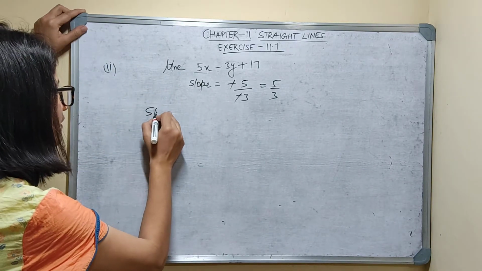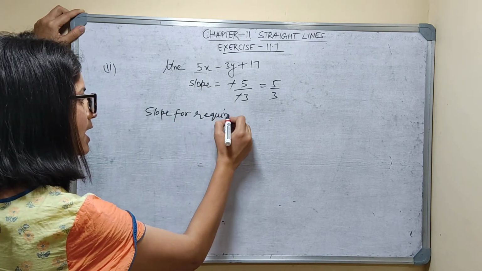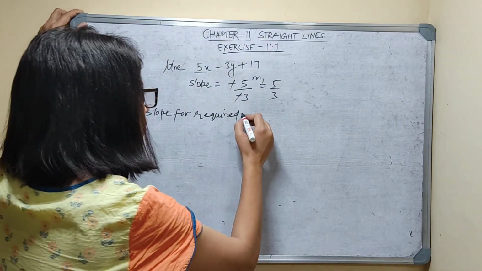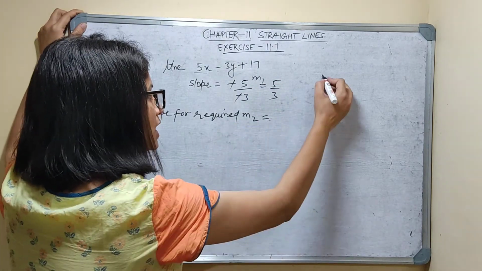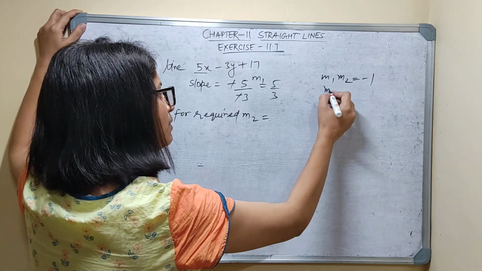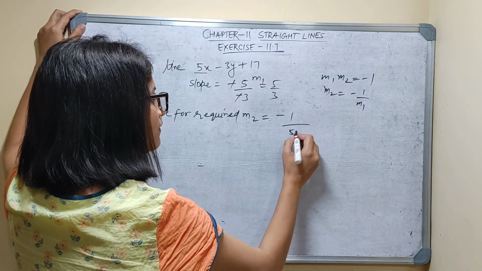So let's say this slope is m1, and the slope for the required line is m2. Both are perpendicular, then m1 m2 is equal to minus 1. So m2 will be minus 1 upon m1, so minus 1 upon 5 by 3.